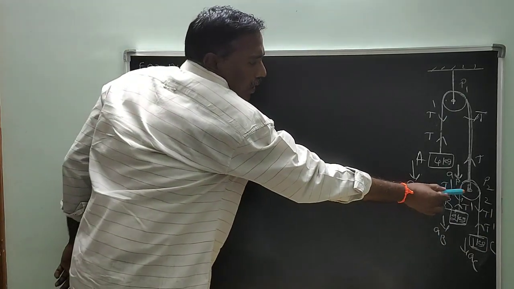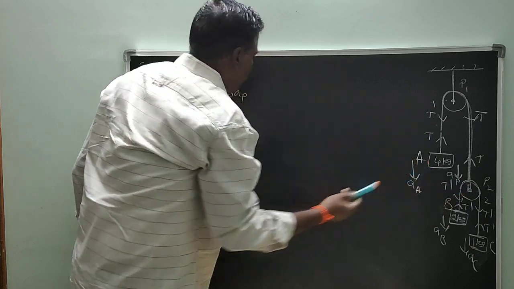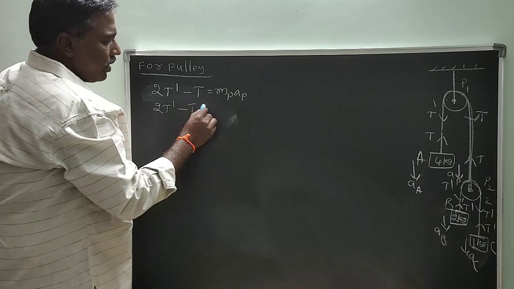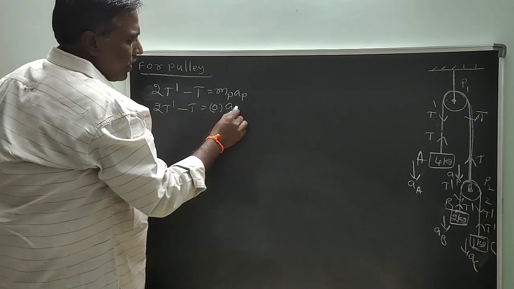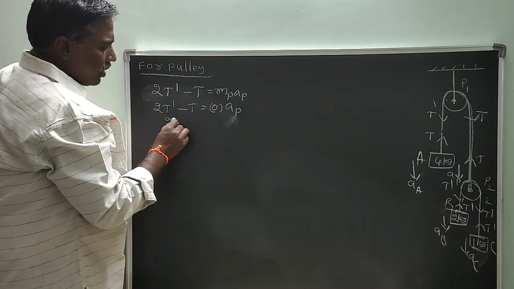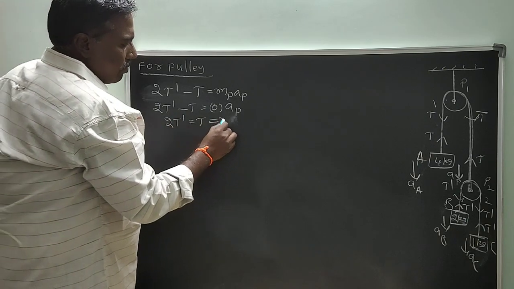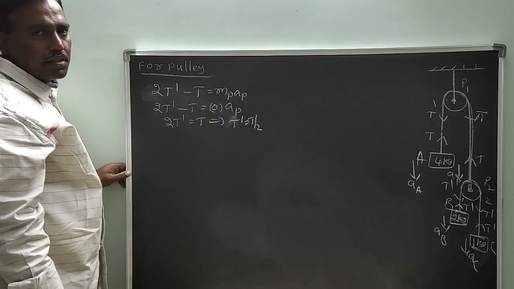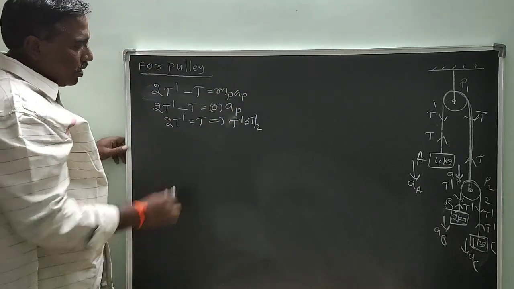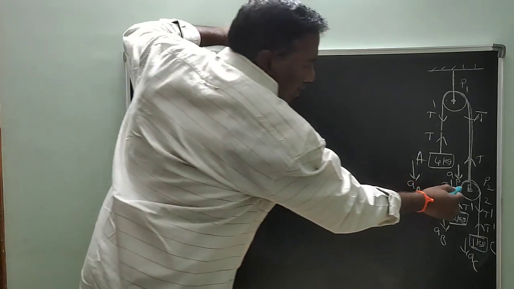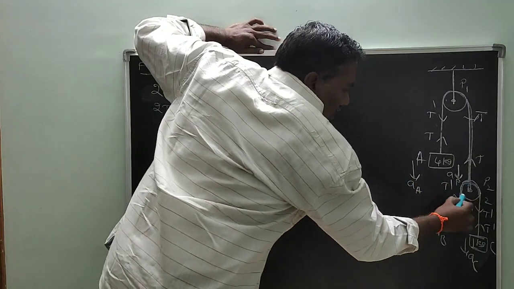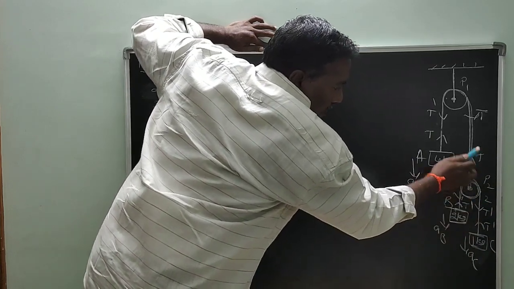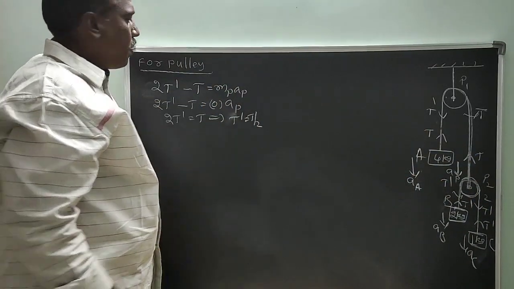The mass of this pulley is 0, so 2T dash minus T is equal to 0 times AP, so 2T dash is equal to T, that implies T dash is equal to T by 2. For any such pulley, 2T dash should be equal to T because its mass is 0.